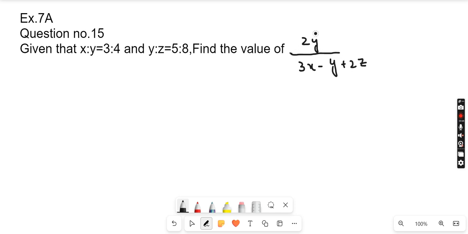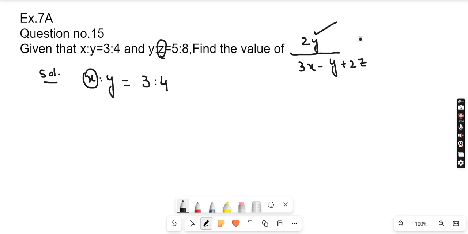So for this fraction, either your whole question must be in x or in y or in z. As x ratio y is given 3 ratio 4, we will calculate x and z's value.